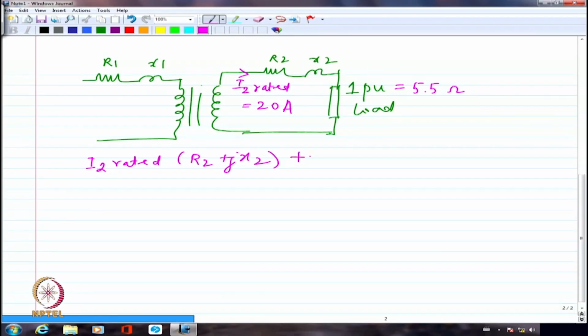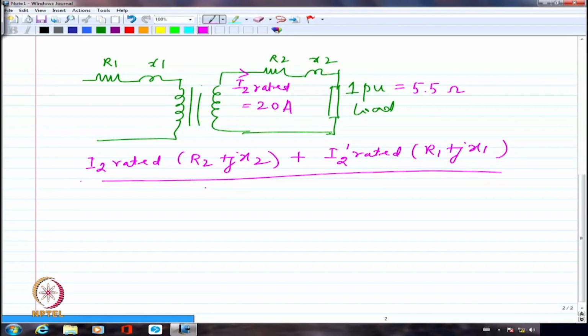This is the total drop I am going to get in the series parameters of the transformer together. Now this divided by, if I am looking at the whole thing from the secondary side, V2 rated. This is what is regulation. For me, this is what is regulation. So, I can call this voltage regulation.